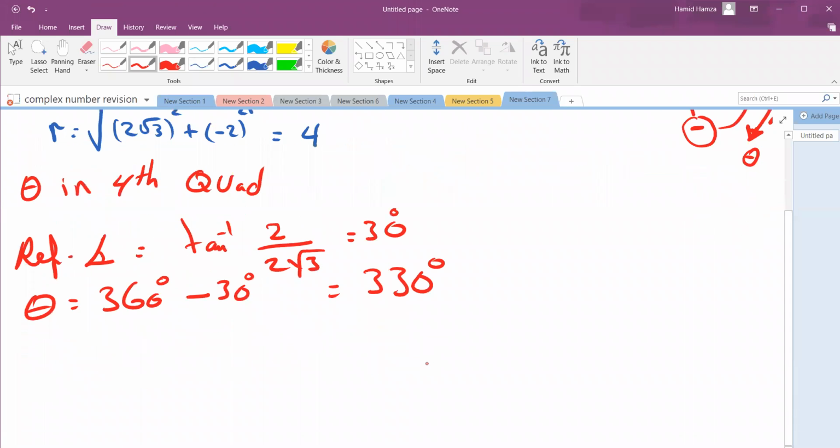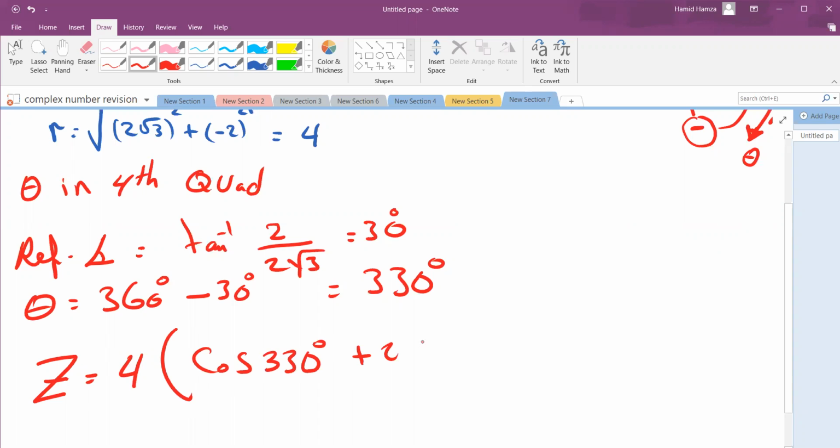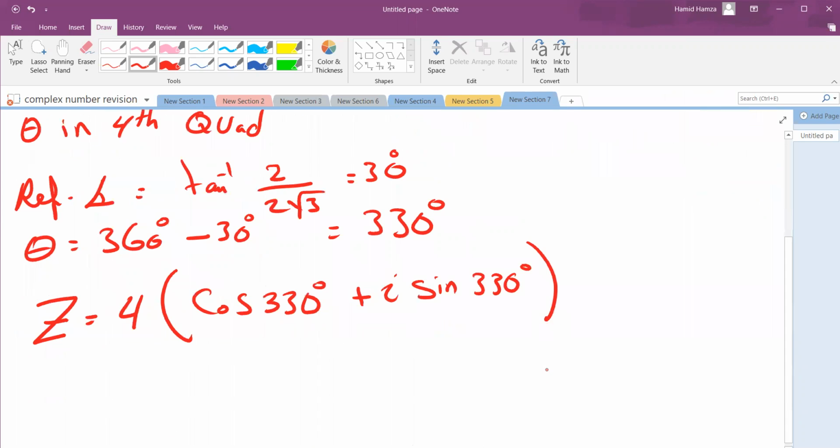Let's write the number. Z equals R, which is 4, cosine 330 plus i sine 330 degrees. We want to raise it to the power 8.